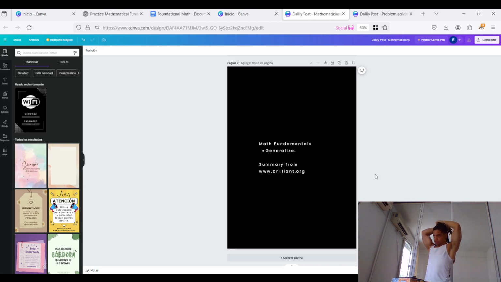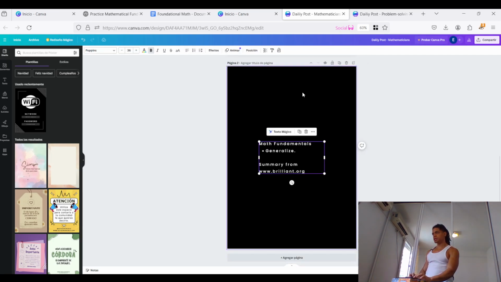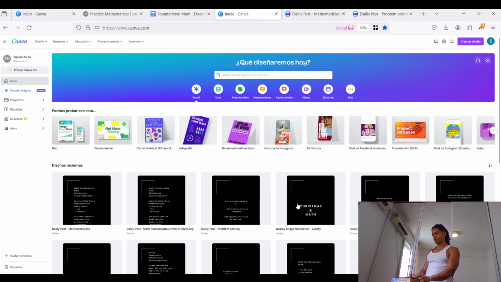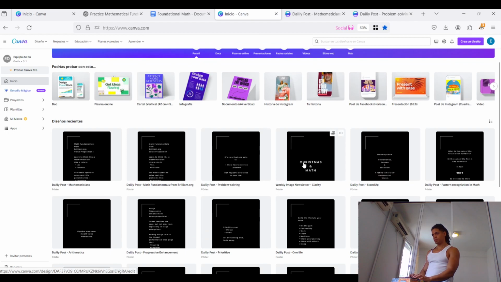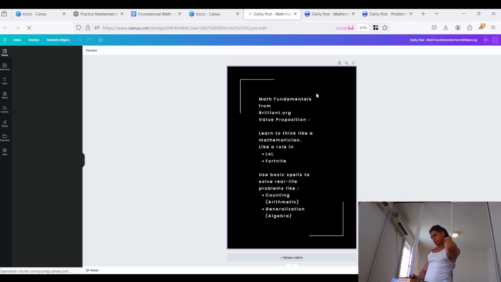Math fundamentals, generalize. Summary from brilliant.org. It's mathematician, fundamental here.